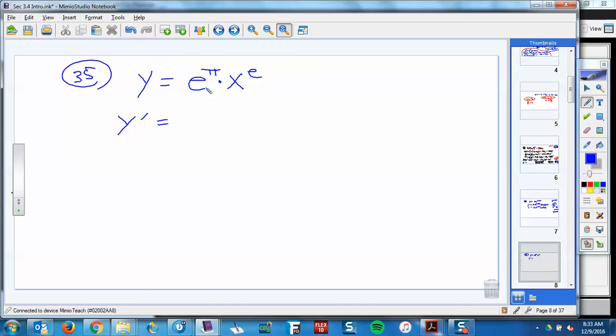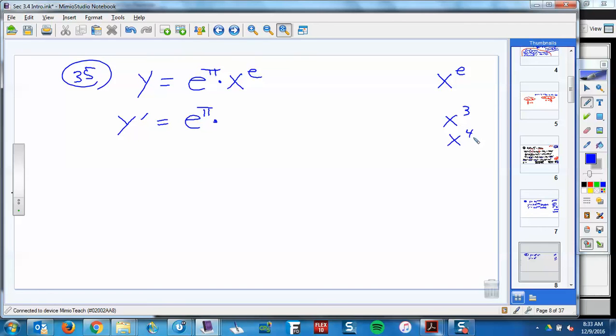So we're not doing a derivative rule on the e to the pi. That's just like if there was a 7 sitting out there. So that e to the pi is just going to hang out there. Okay. Now, what's x to the e? Well, that's x to a number. So that's like doing x cubed or x to the 4th or whatever. Right? That's just x to a number.